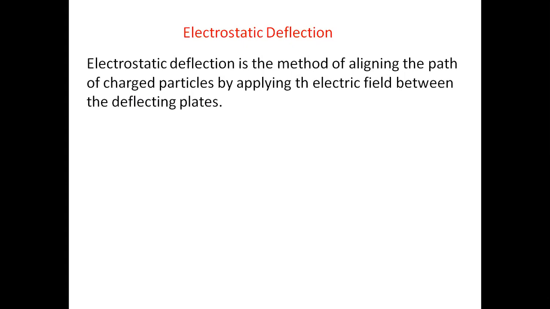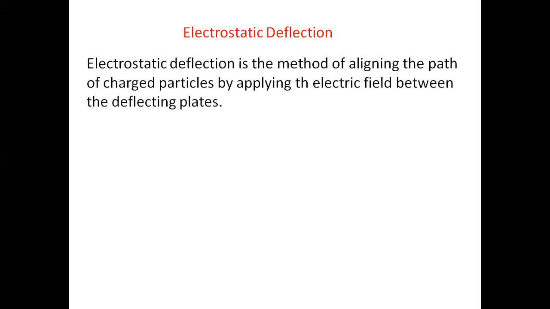How the electron beam changes its path or alignment is decided by the electric field applied between these deflecting plates. Depending upon the potential applied on the deflection plates, the beam of electrons changes its direction of movement.